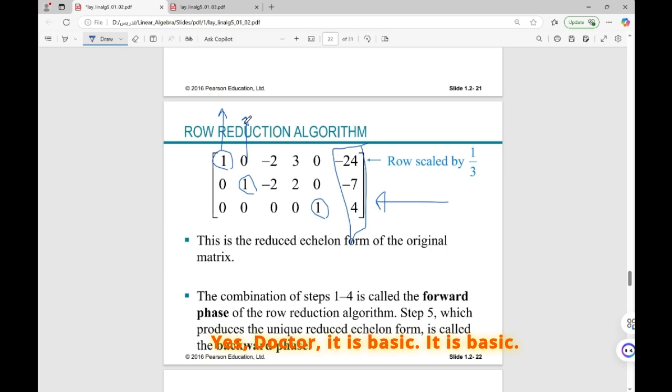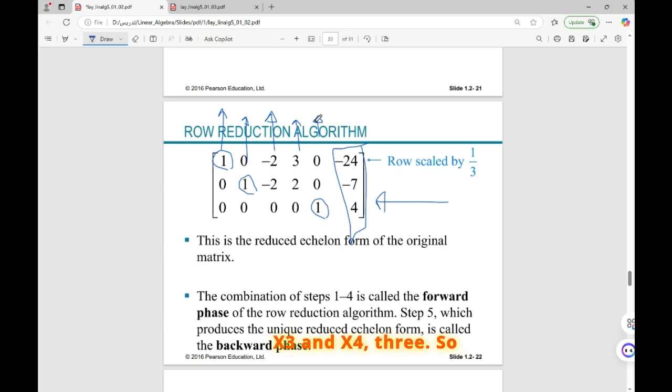Yes, doctor, it is basic. What about x3? It is basic or it is free? The third column and the fourth column are not basic, are free. Exactly, these two are free. And the fifth column, what about it? Basic. So you have x1, x2, and x5 basic.